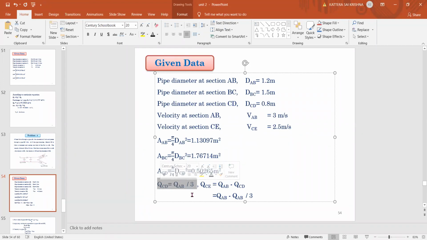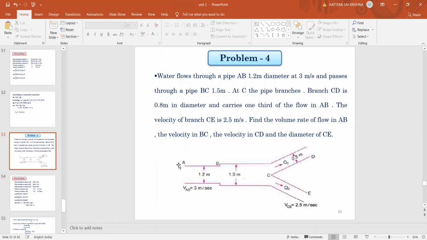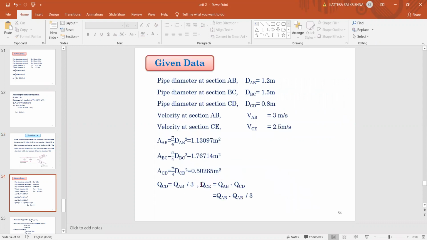Similarly, QAB is again branched into 2. From the last problem, we had taken Q1 equal to Q2 plus Q3. The same thing will apply here. So QAB equal to QCD plus QCE. From that, we can take QCE. We need QCE. So QCE equal to QAB minus QCD.